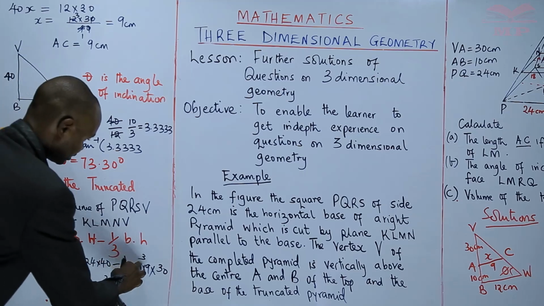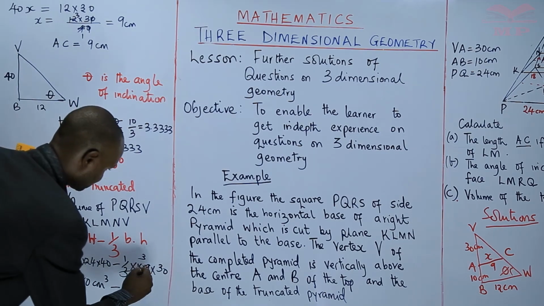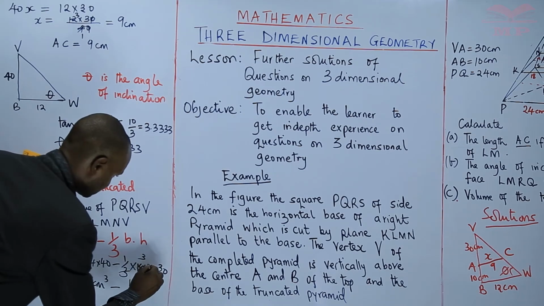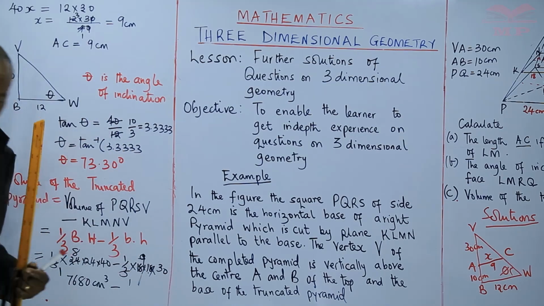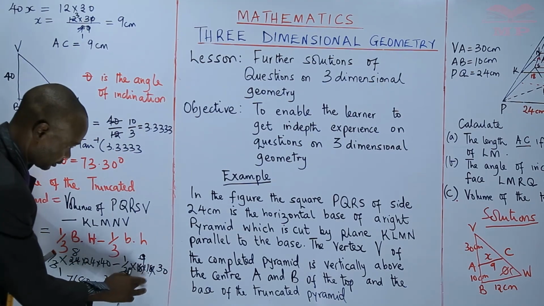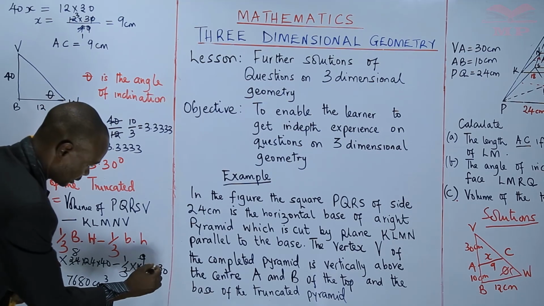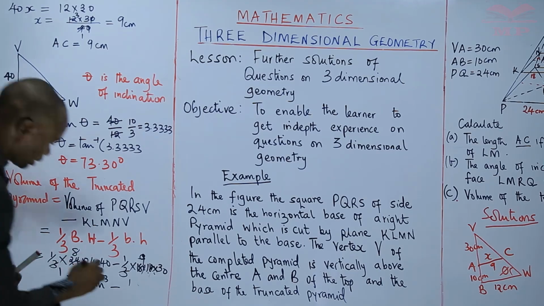This is 18. Sorry for that. This is 18. And that is 18. So 3 would go there, 9. So this will come to 18 times 30. So that comes to 3240.